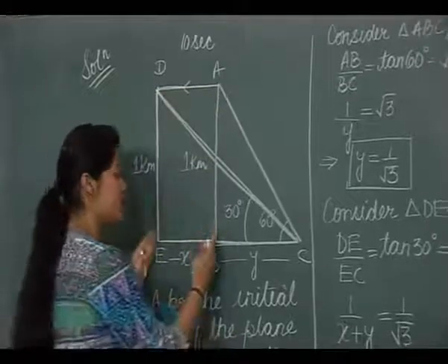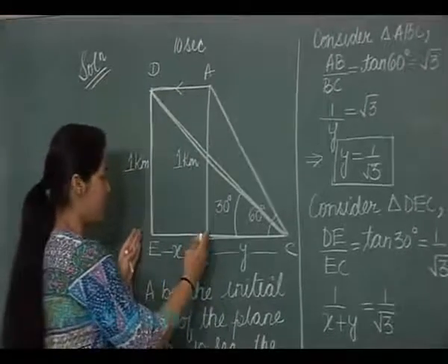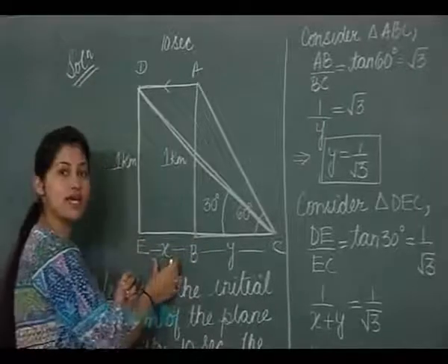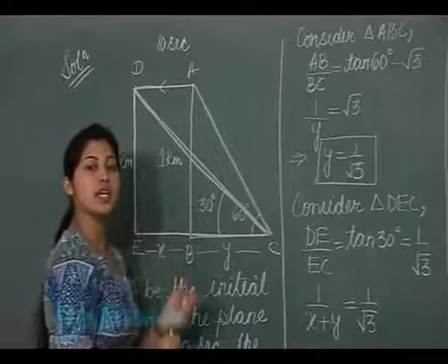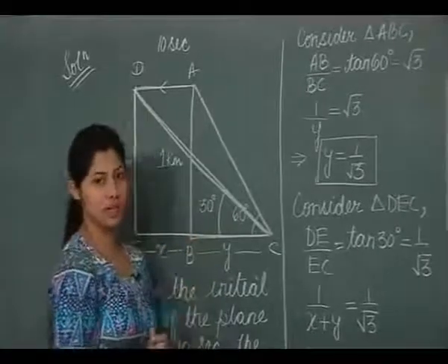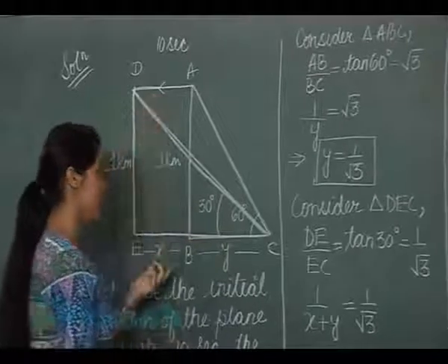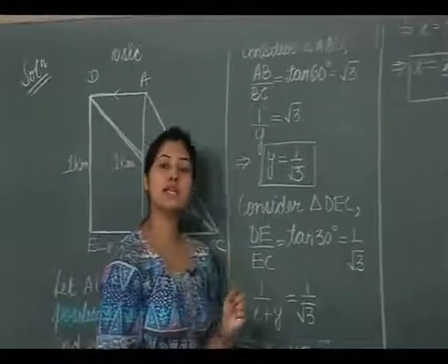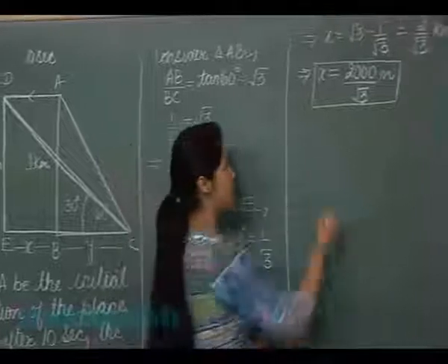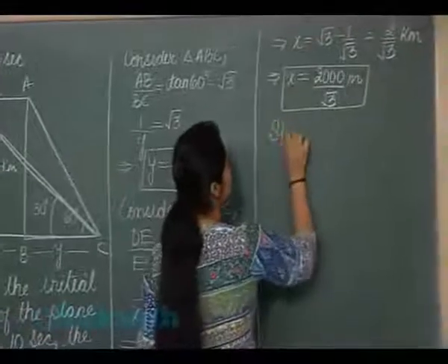And this is the distance travelled by the plane from B to E, and that distance is given by x, and we have found out the value of x is 2000 upon root 3 meters. Now we know time, we know distance, we can find out speed by the relation that speed is equal to distance upon time.